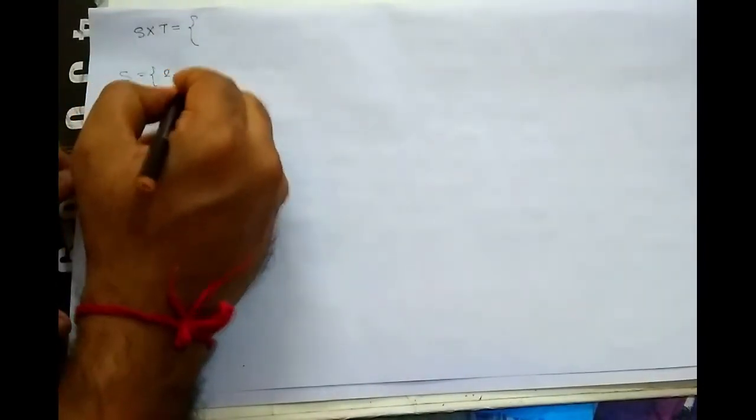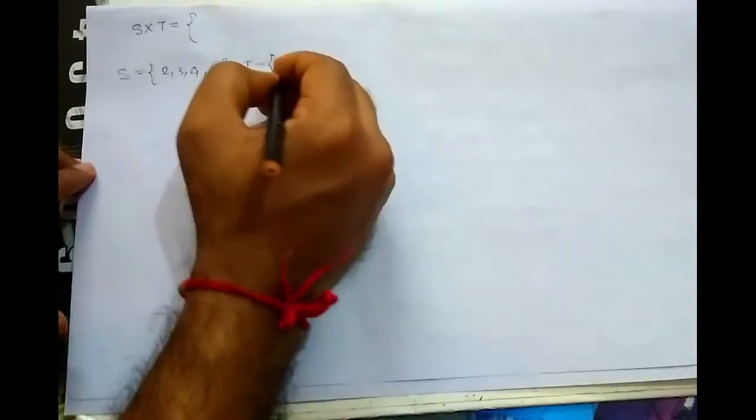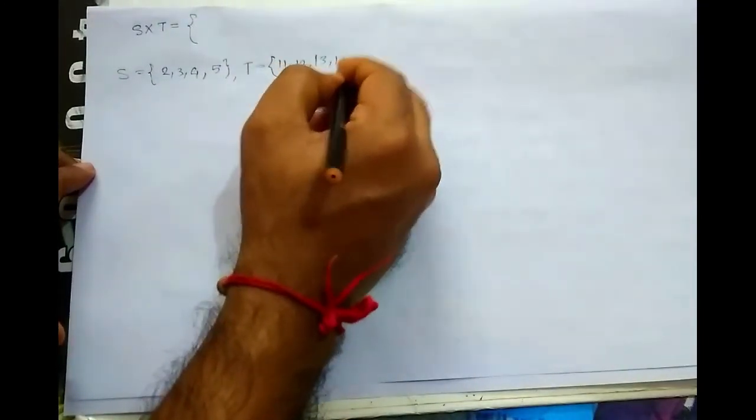So let me do this. At first I am considering the Cartesian product of S and T. Here S is 2, 3, 4, 5 and T is 11, 12, 13 and 14.